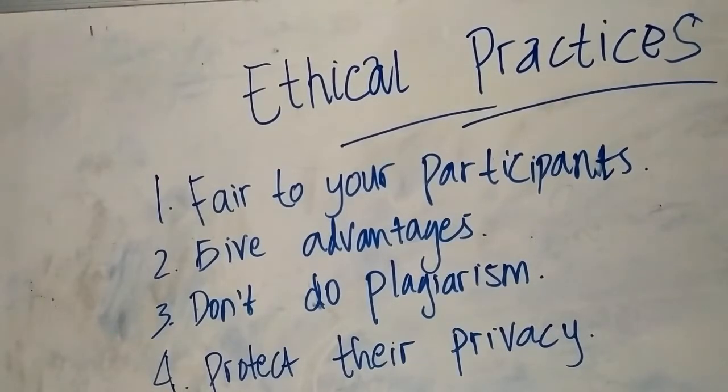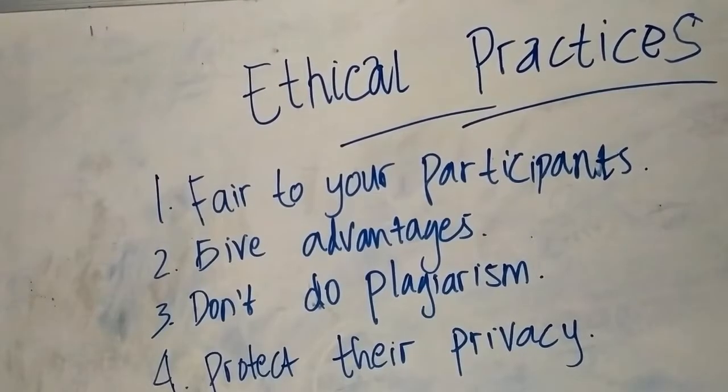like what you have to do in your research, the results or the report of your research have to be useful for other people. And then don't do plagiarism. In data collection, you are not allowed to do plagiarism because it is an unethical practice. If it's your research, you have to find the data based on your studies. And then the last is protect their privacy.